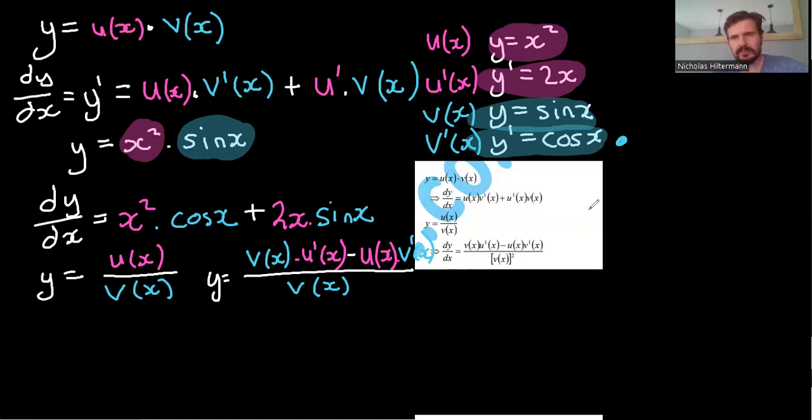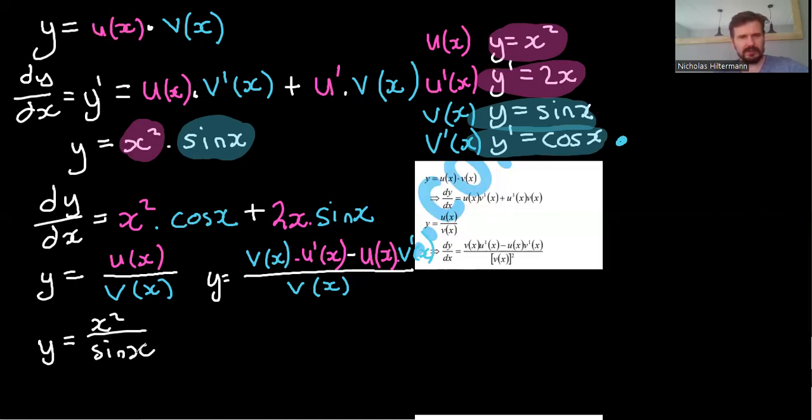Okay, so let's look at an example. Because I've already done these, I'm just going to say it was x squared over sin x. So say they give you, what is the derivative of x squared over sin x? Again, we've got something divided by something.